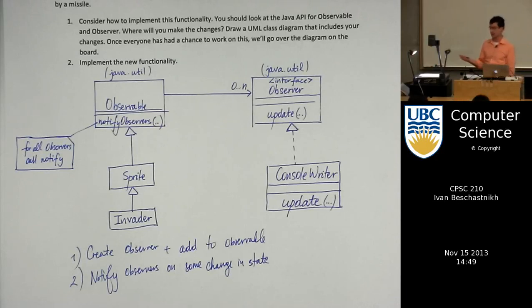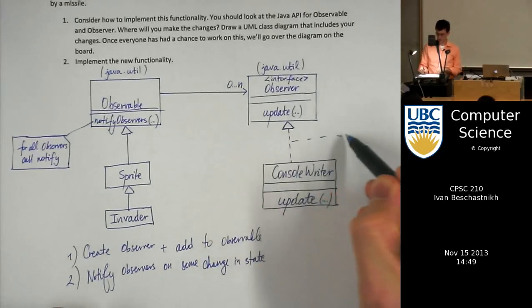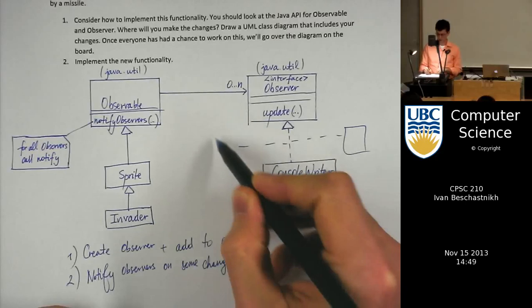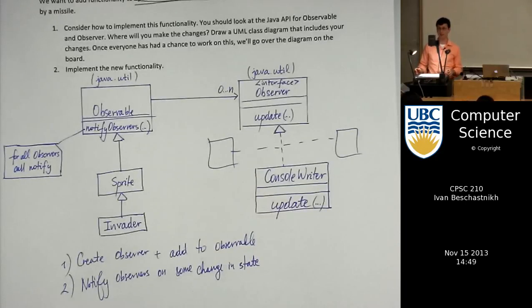The way to think about this is that this is a very simplistic example, but the console writer might have done a bunch of other things in its code base. Maybe it's a 1,000-long program that sends email when some aspect changes. Or maybe there's a bunch of other observers here that are interested in that state.